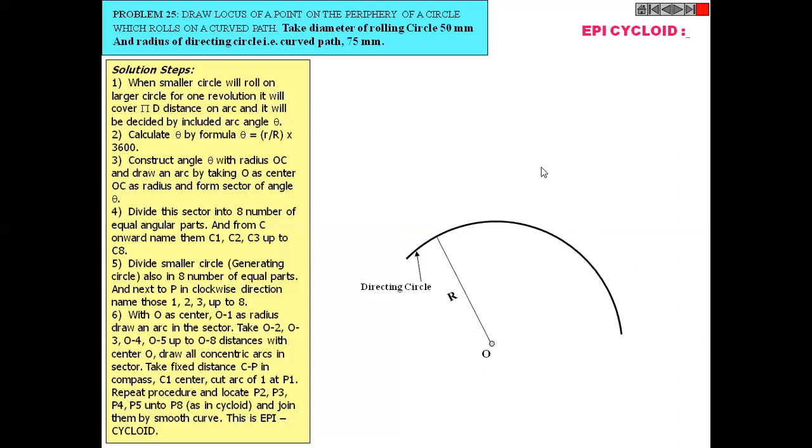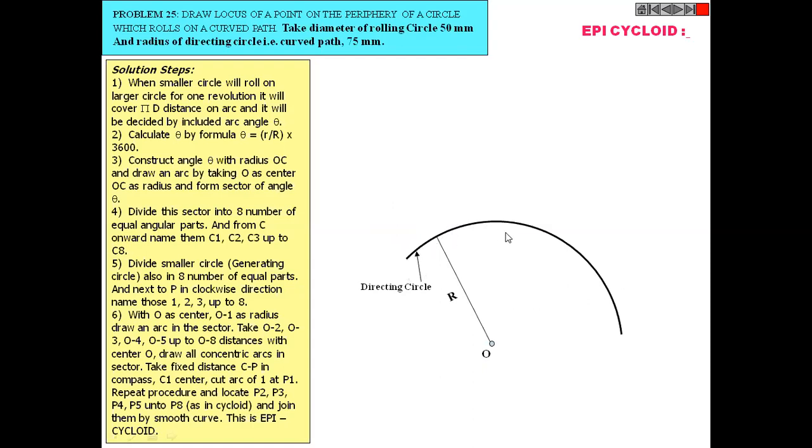So, problem number 25, in which we have to find the locus of a moving point. For that, the diameter of the rolling circle is 50 mm. Here somewhere the rolling circle is available.